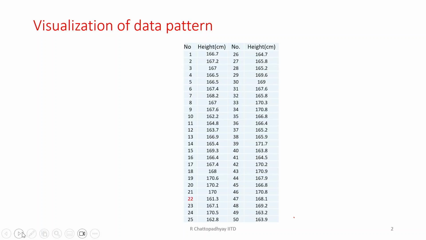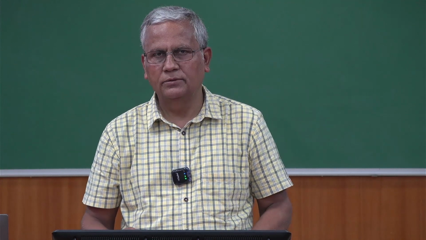Now here, let us say there is a table and we have 50 data, and this data is regarding the height of, suppose, height of students in a class. There are 50 data points. Now if I want to visualize the data, what is the approach that we should take?